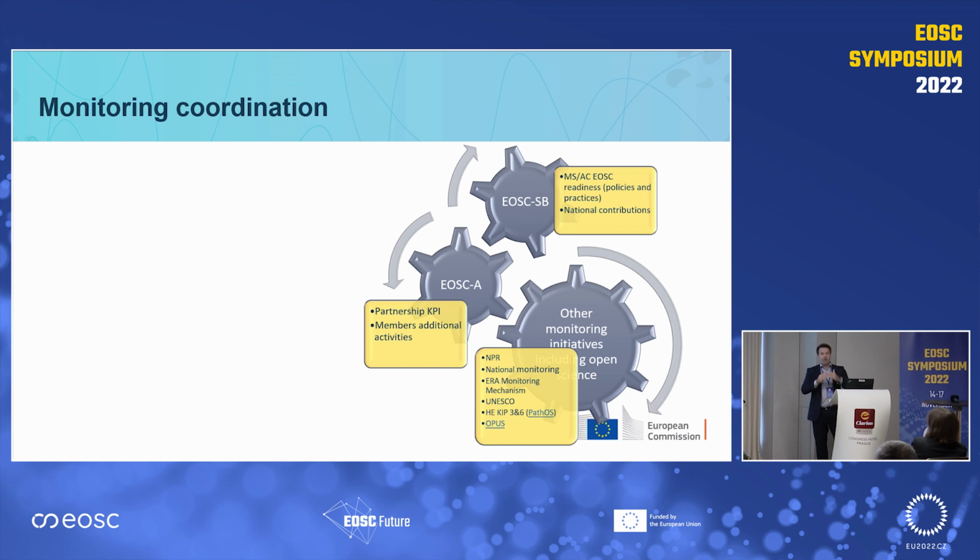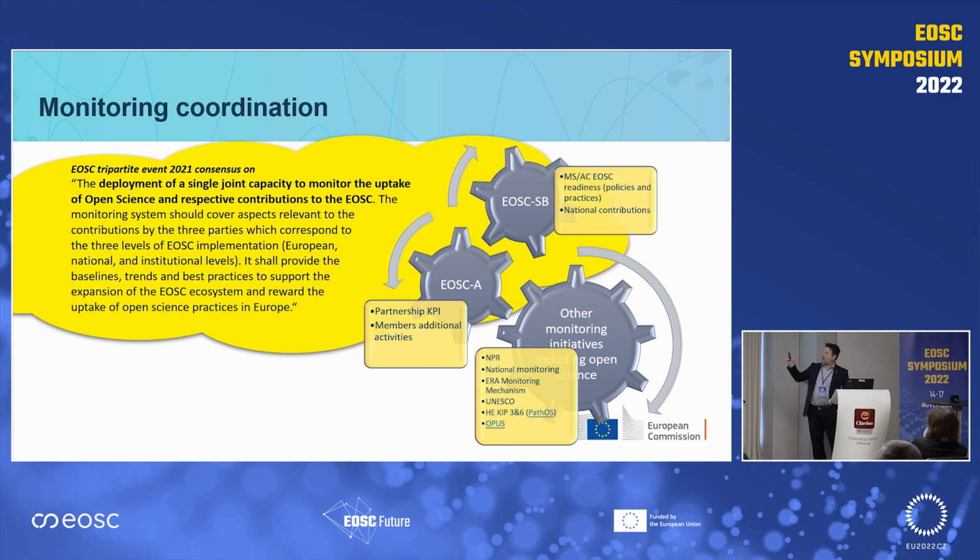But this is first and foremost on the national level, but it spans international, national, institutional, and regional levels, of course, because some countries measure at regional level. This complements perfectly the scope of the partnership. So the partnership KPIs and the additional activities collected that you heard about from the EOSC Association yesterday. But there are other monitoring initiatives, and today I want to focus on these.